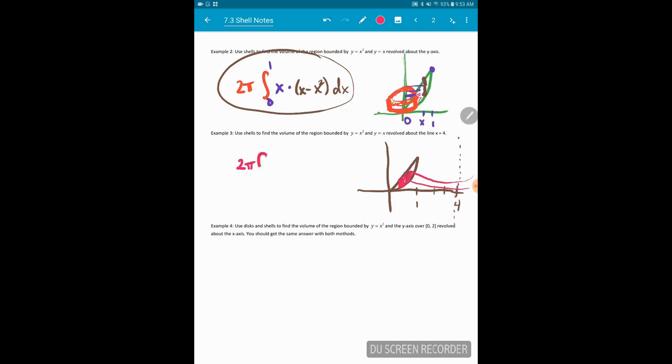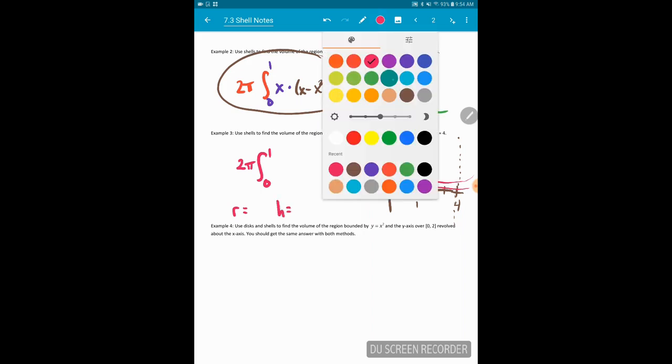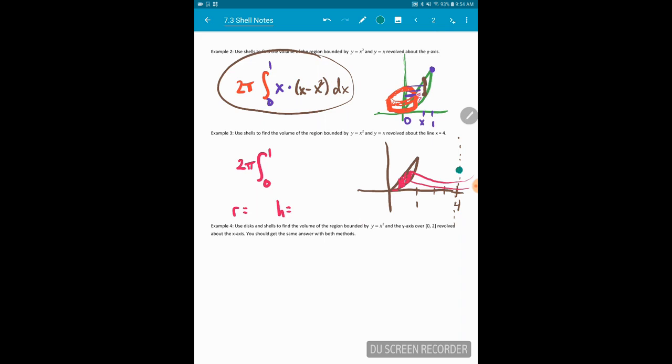So I have 2 pi times the integral from 0 to 1, because my x's are still 0 to 1. But now I need to figure out what r and h are in this case. And so the length of the radius, it appears the length of this radius is 3. The length of this radius is a little bit bigger than 3.